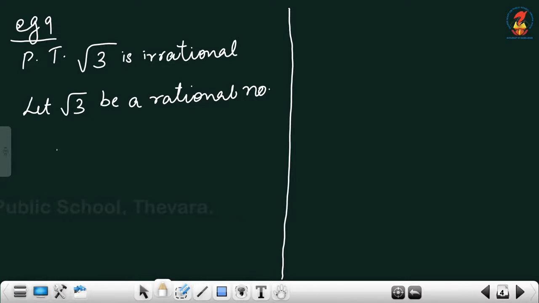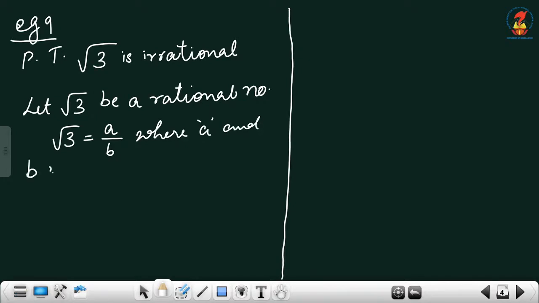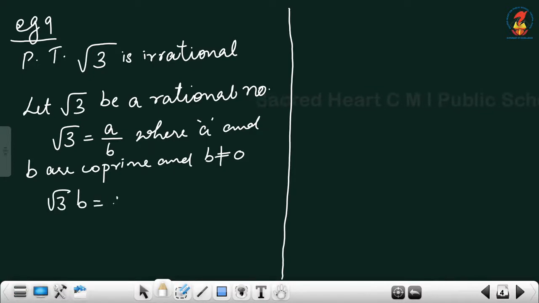If root 3 is a rational number, we can write root 3 as a by b, where a and b are co-prime numbers and b not equal to 0. So from here we can write root 3 b is equal to a. So 3b square is equal to a square.